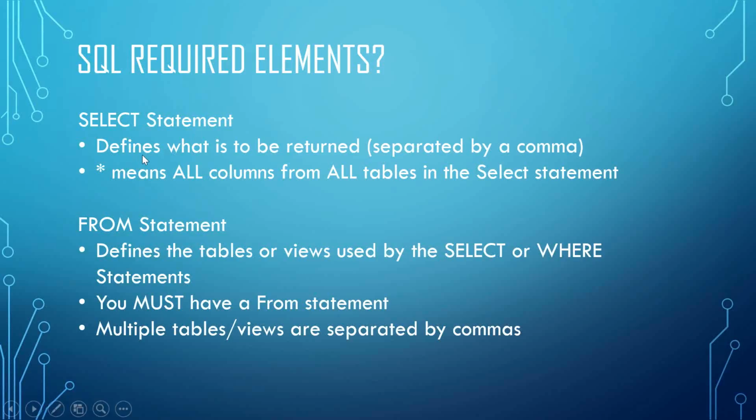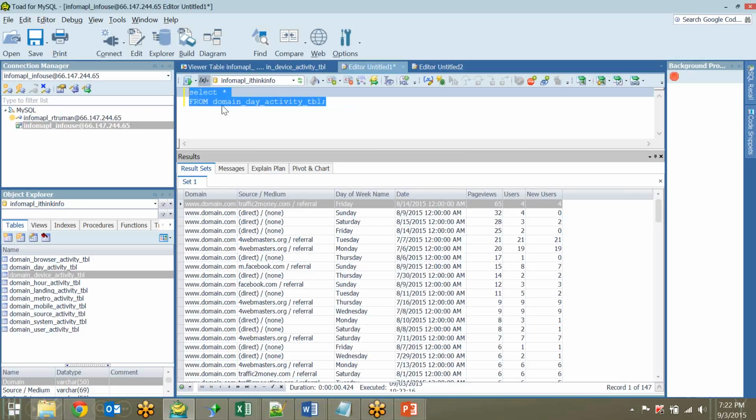The select statement, select defines what is to be returned separated by a comma. Asterisk means select all columns from all tables in the select statement. In this example, we select everything from the domain activity table. So it renders all records from this table with no restrictions.